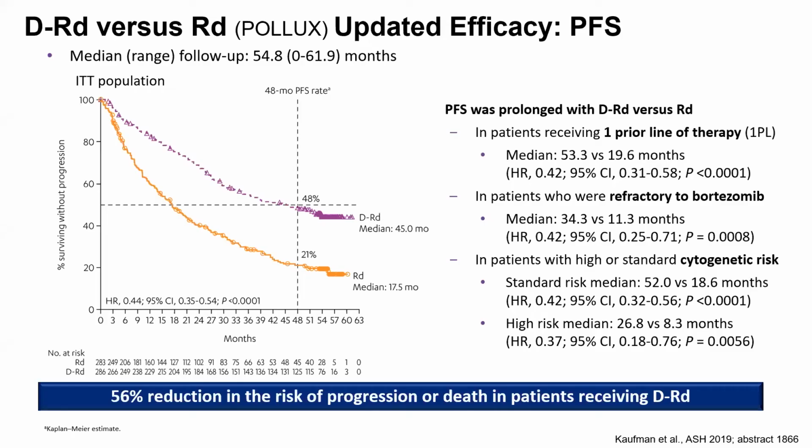Here, just to elaborate more about the POLLUX study, in which daratumumab was added to RD versus RD, you can see here that the median follow-up is 54 months. And if we look at the intention-to-treat population, we find that those patients treated with DRD, daratumumab in combination with RD, have a median of 45 months, compared to the control arm with RD only, 17.5 months.